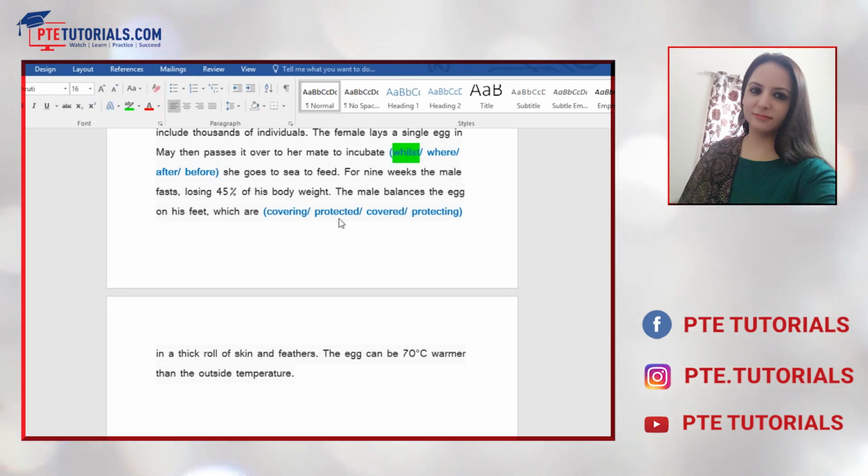Very good, Suman. Which are covered in a thick roll. They are not protected in a thick roll.